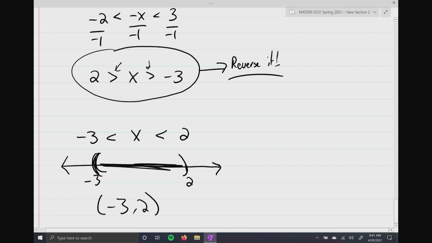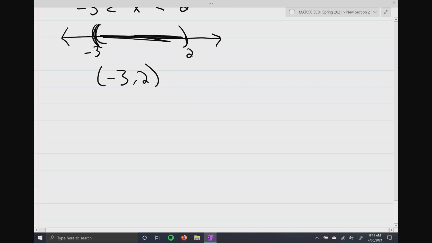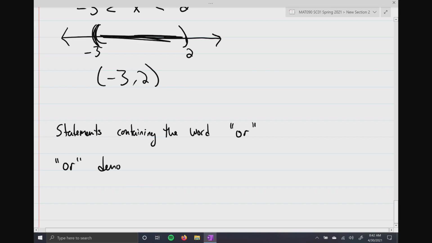All right. So the last thing we're going to do today are statements containing the word or. Okay? So the word or denotes a union between two sets.